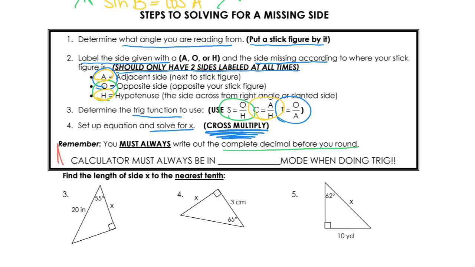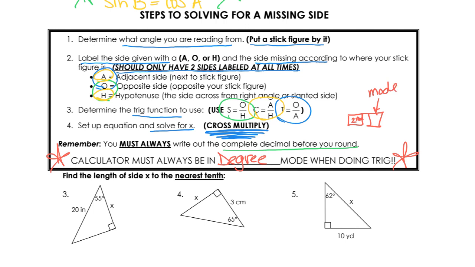All right, and the very last thing, super duper important, it's in capitals. Your calculator, guys, must be in what they call degree mode. So on your calculator, if you turn it on, you're going to see a mode key right next to your second key. You're going to press it.